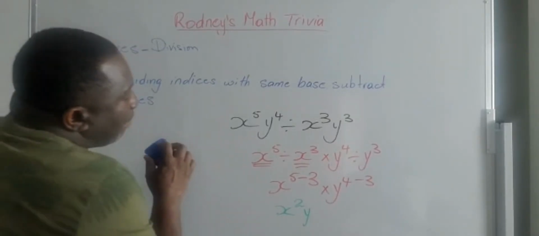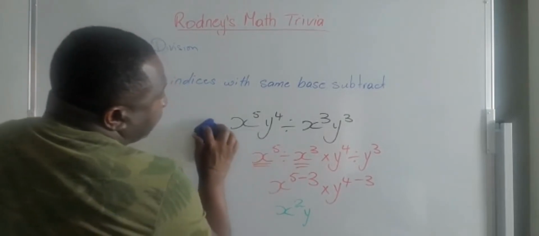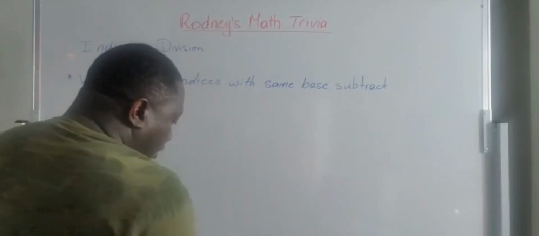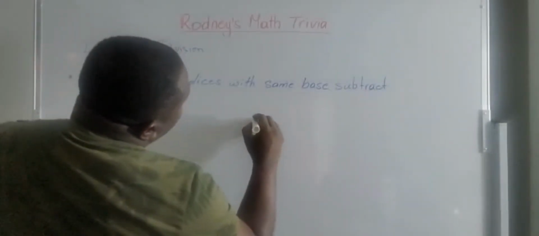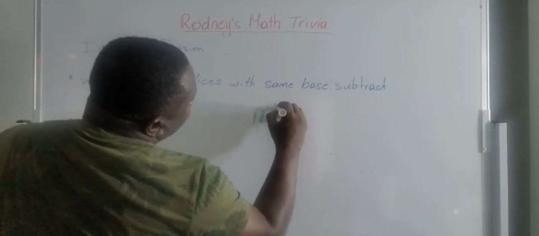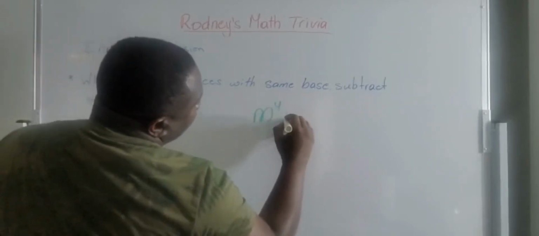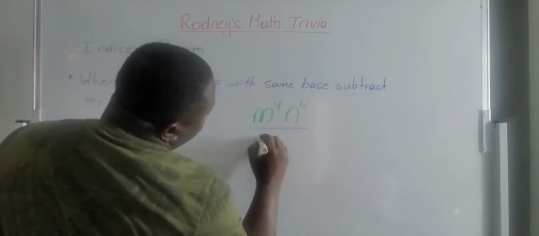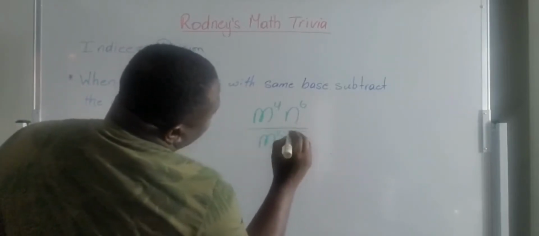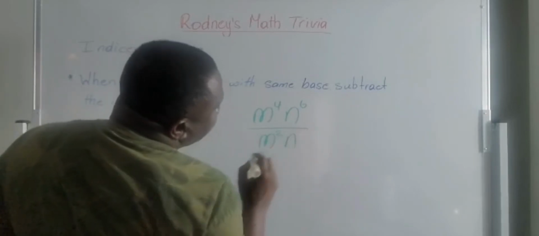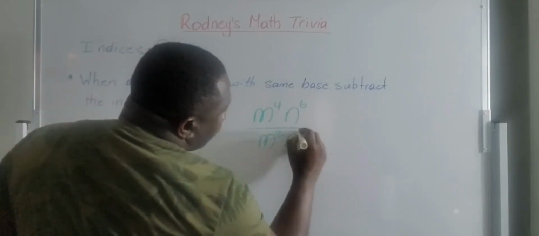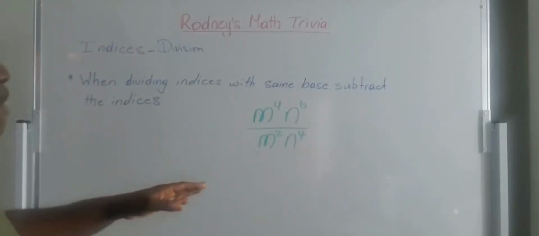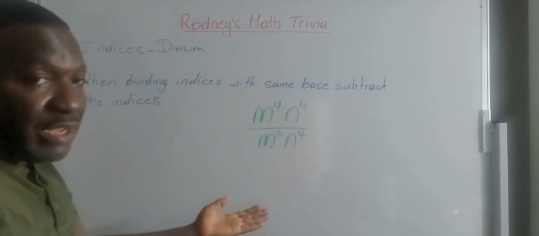We said the same problem could have been written in another way. So m to the fourth n to the sixth over m to the second n to the fourth. Take a look at the example on the board. This is dividing.